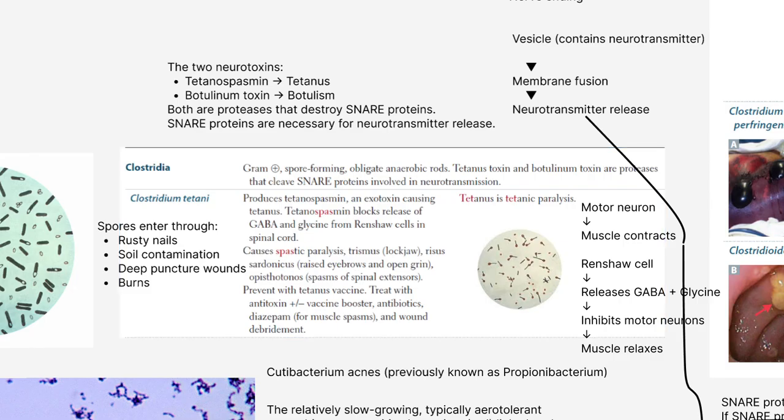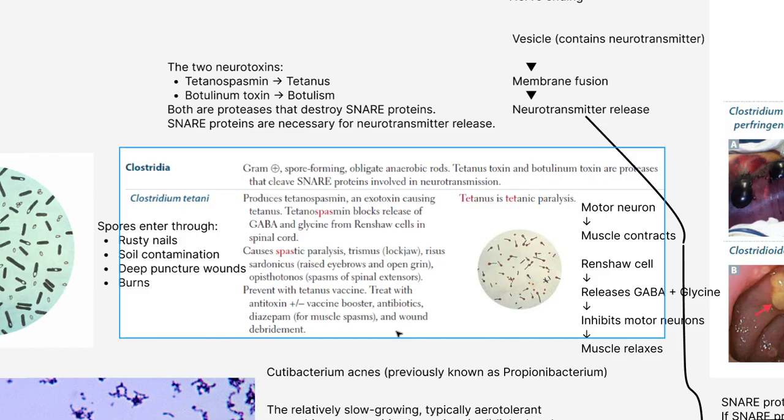Trismus is basically locked jaw. The patient cannot open the mouth. His mouth is locked. The masseter muscle gets spasmed. That's basically trismus. And then risus sardonicus is this wide, very creepy grin, like a weird kind of Batman Joker smile, right? That's risus sardonicus. Raised eyebrows accompany it because it's basically a facial muscle spasm.